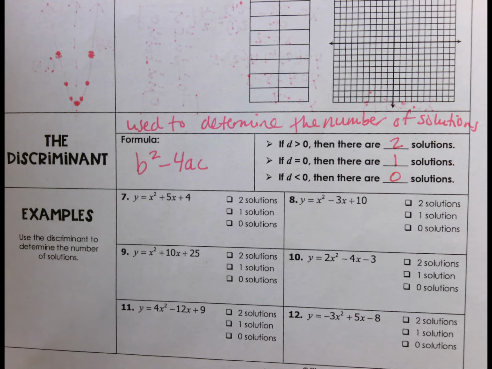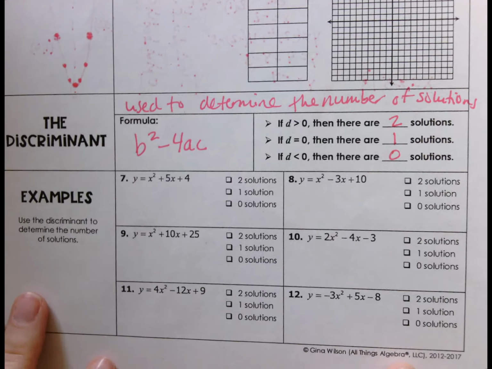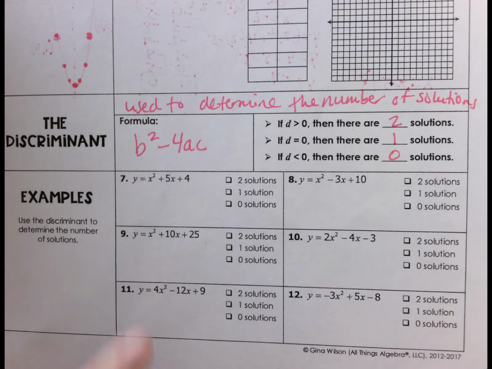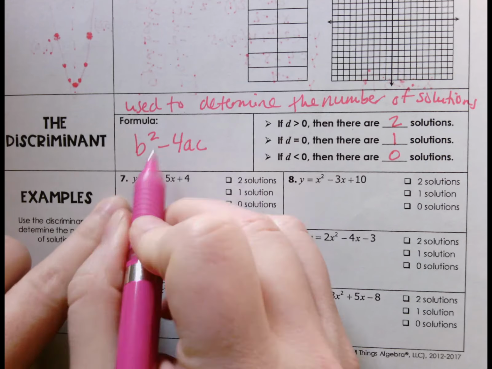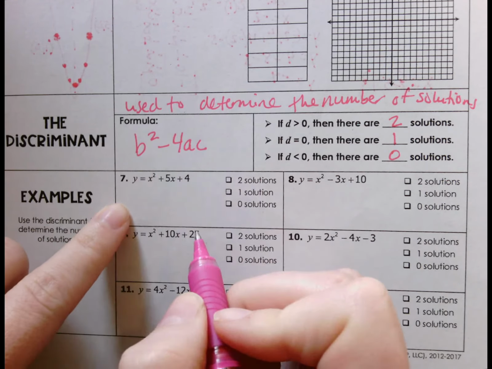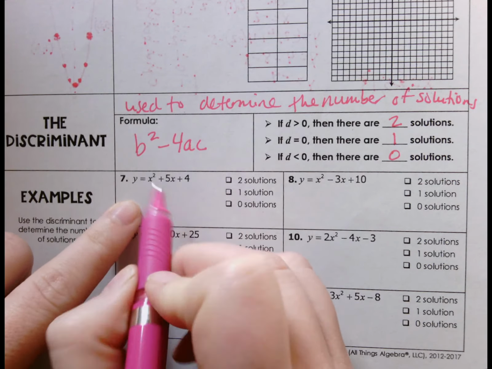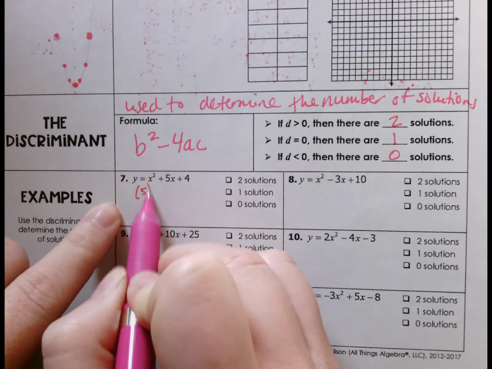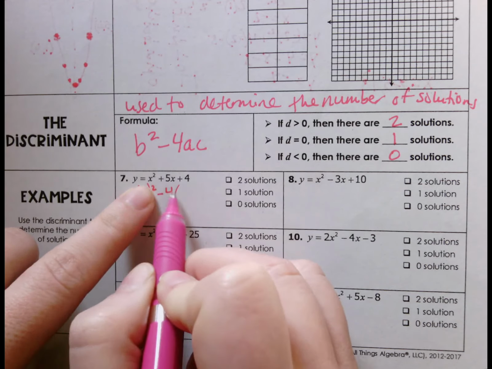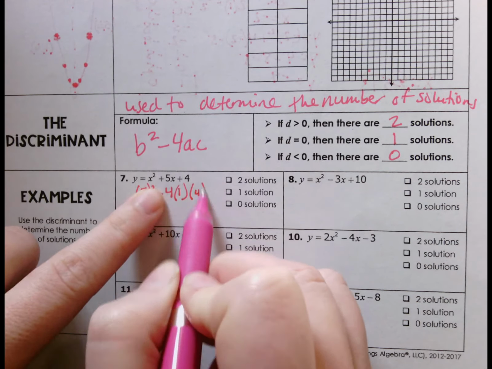So we're going to use that real fast, do a couple of examples here, and then we'll be done with this, okay? You'll see a couple of example problems for you to work out on your own. So we're going to use this formula, b squared minus 4ac. So this right here, b is 5, so 5 squared minus 4 times 1 times c, which is 4.